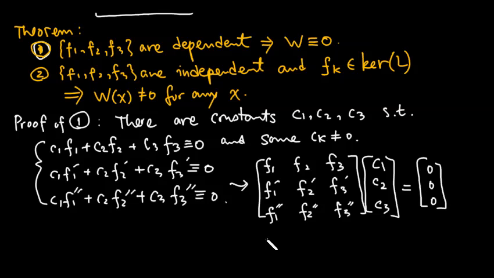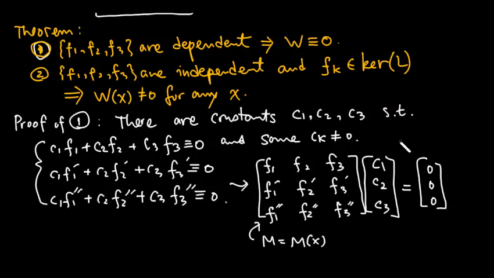This is not Wronskian, this is just a matrix, but this matrix has all the x's in it, so you have to look at this matrix as changing as a function of x, while C1, C2, C3 are constants. As x changes, this guy doesn't change.